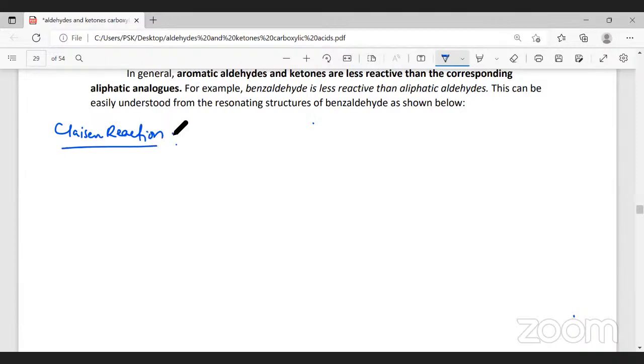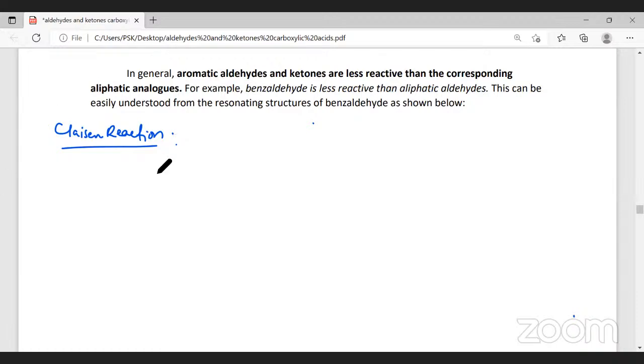This is also called Clemmensen's condensation reaction. What is this Clemmensen's condensation reaction? Base catalyzed cross-aldol condensation reaction between aromatic and aliphatic aldehydes or ketones is called Clemmensen's condensation reaction.